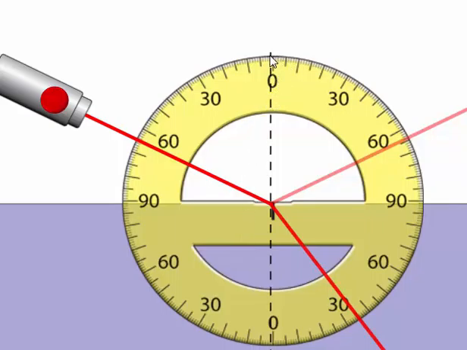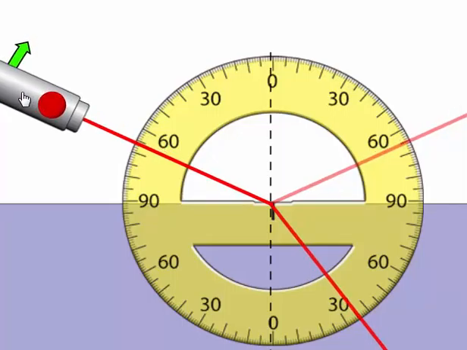Now, that is 0, 30, 40, 50, 60. So here the angle of incidence is 65 degrees, and the angle of refraction is this angle. It is 0, 10, 20, 30, 35 degrees. So you have angle of incidence 65 degrees, angle of refraction 35 degrees. All right, don't write that down.